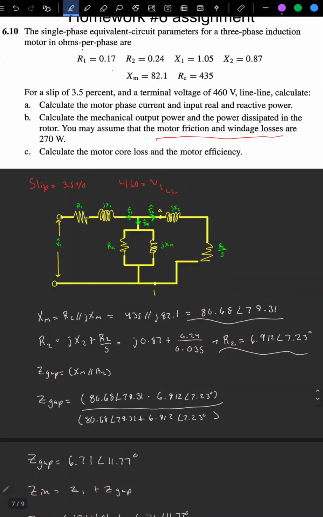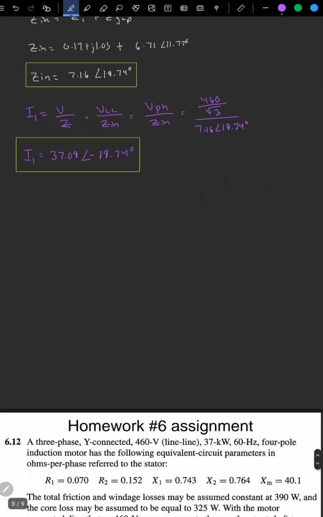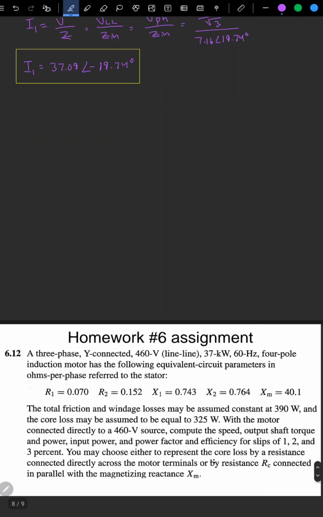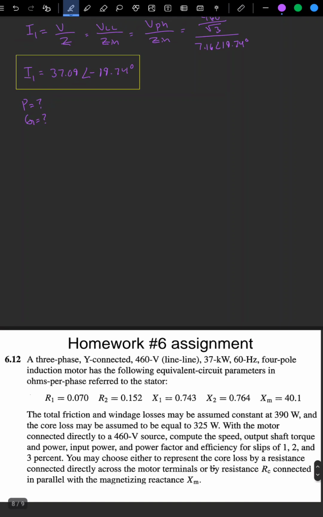So let's look back at what it's asking. We got the current. Now we're asking for the input real and reactive powers. Okay, so it's asking for P and Q. P, we know, equals 3 times V phase times I1 times cosine of the angle.